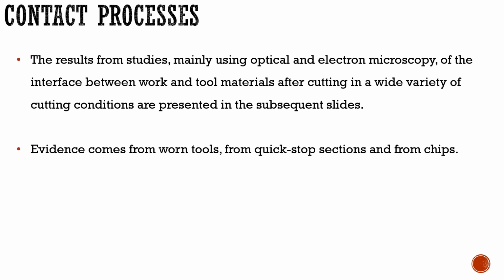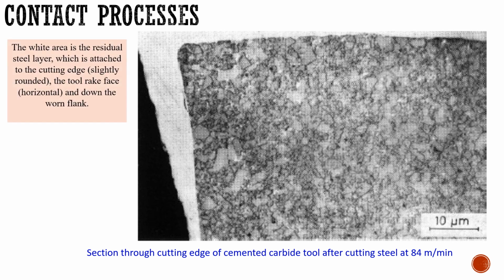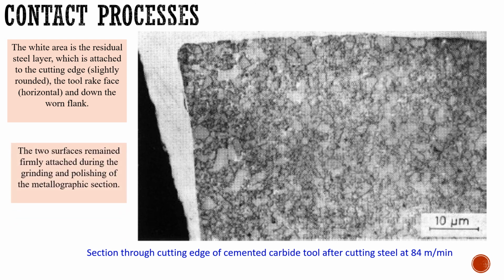Evidence comes from worn tools, from quick-stop sections, and as well as from the chips. When cutting is stopped by disengaging the feed and withdrawing the tool, layers of the work material can commonly, but not always, be observed on the worn tool surfaces, and microsections through these surfaces can preserve details of the interface.